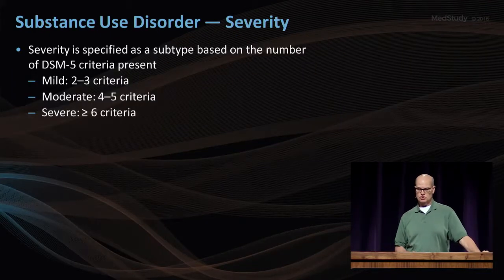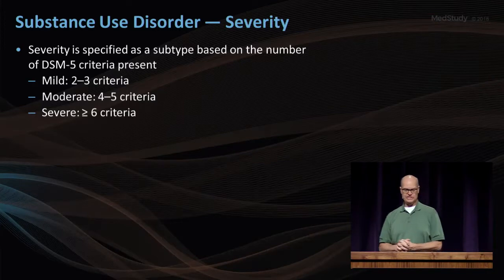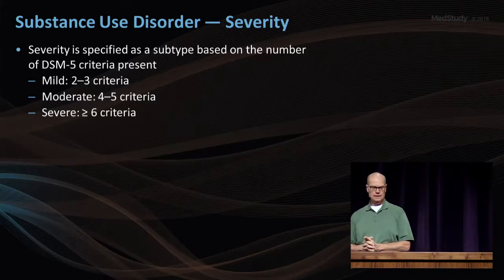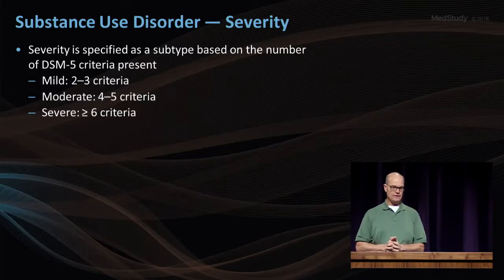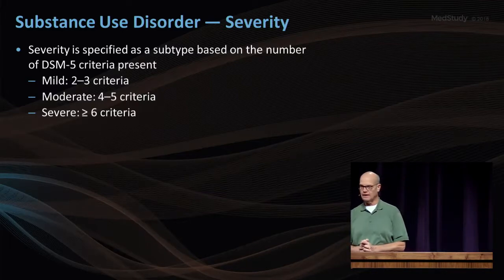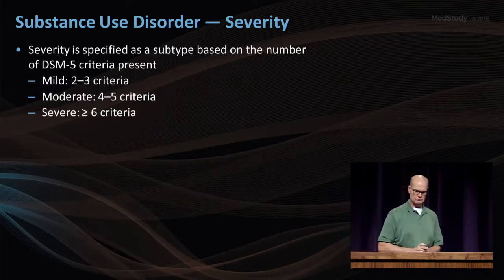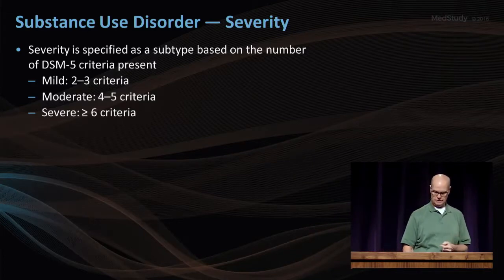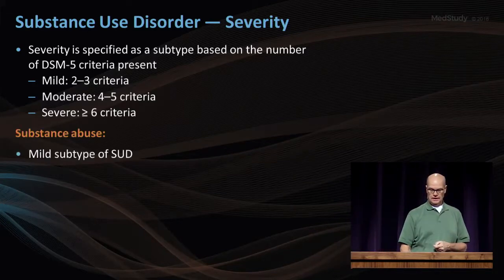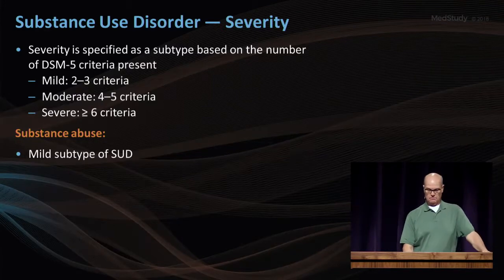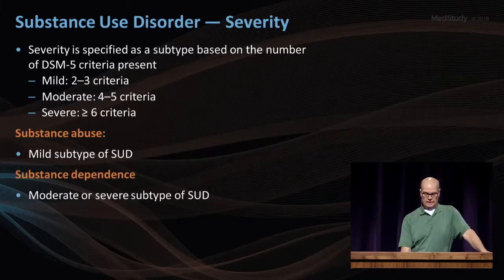So, substance use disorder, how bad is it? And the severity is specified as a subtype based on the number of criteria from the DSM-5 that are present. Is it mild? Is it moderate? Is it severe? It's considered either mild, therefore substance abuse.